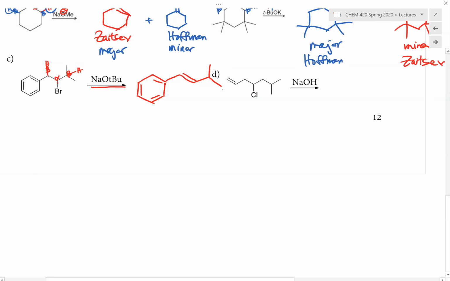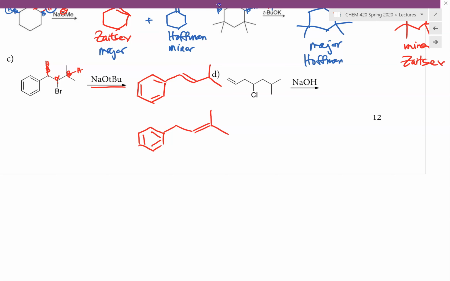So this would be one product and the other product. And this would then be the other product. Between these two products right here, which one would be the major product?